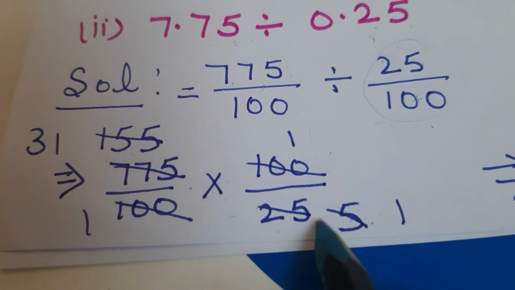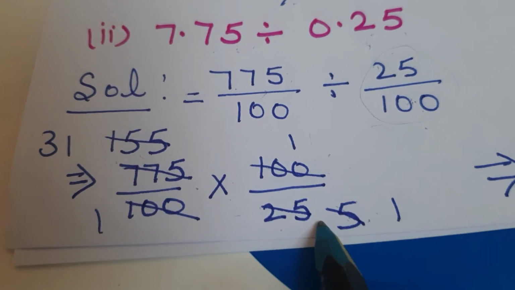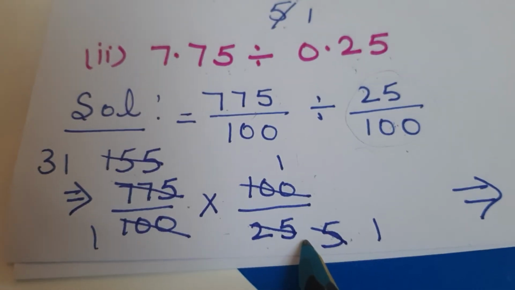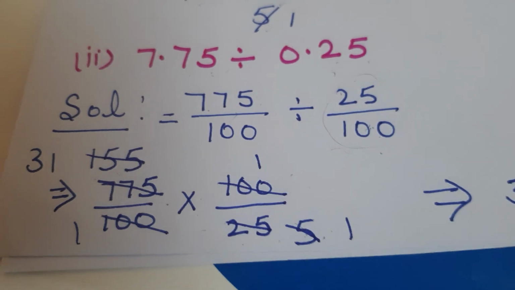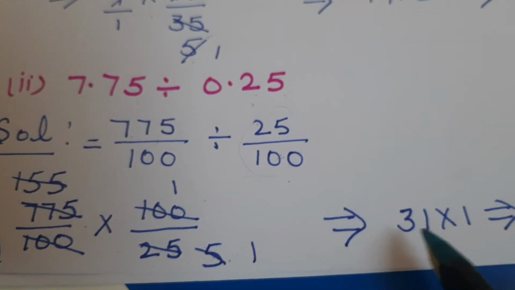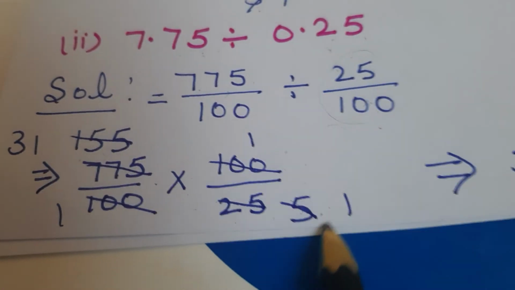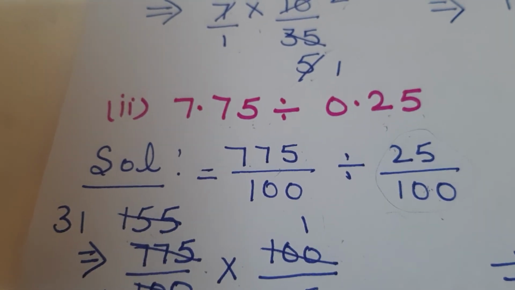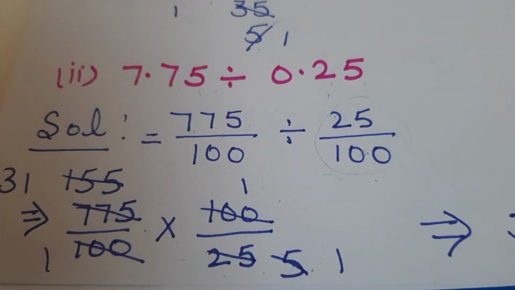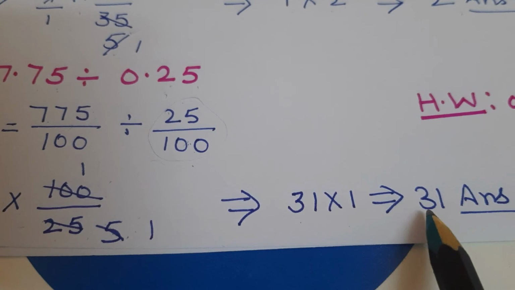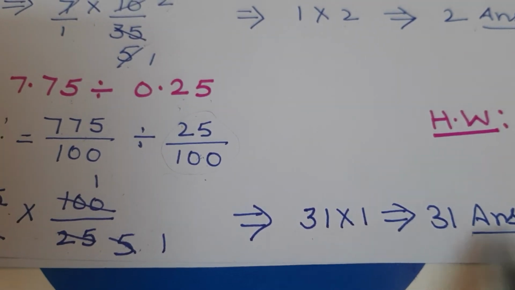This you can cancel yourself by any other table if you see. So what is left now? There is no common factor. So 31 into 1 is left. So the answer is 31 ones are 31.